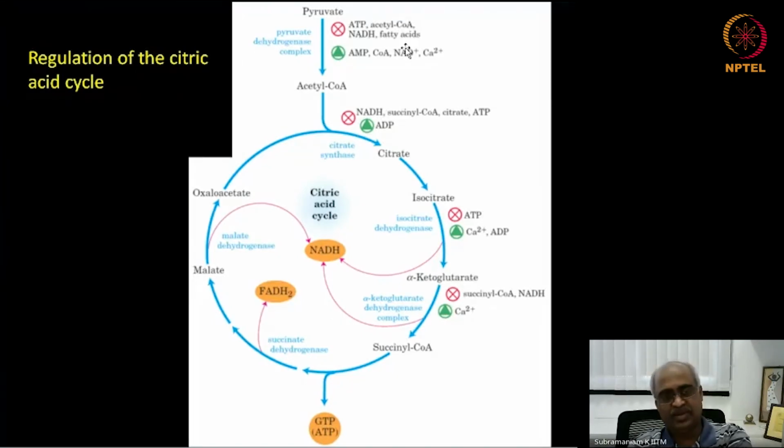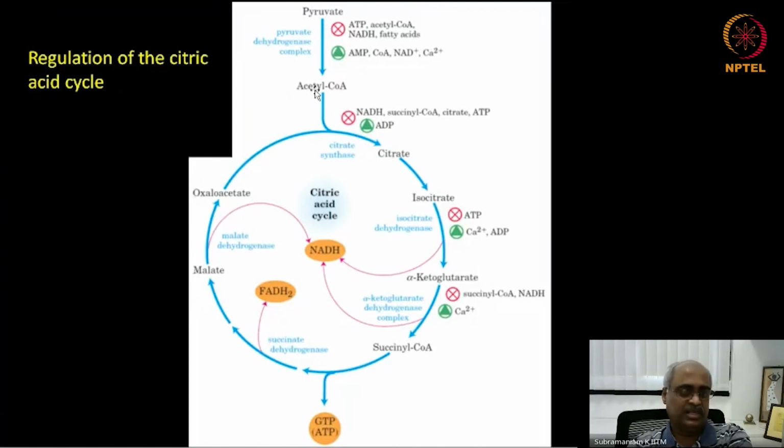Fatty acids are not. And so, for example, when you have a lot of fatty acids, you don't need to convert pyruvate to acetyl CoA. These fatty acids, through their own catabolism, will generate acetyl CoA. So the overall end product is what ultimately ends up negatively regulating these enzymes.